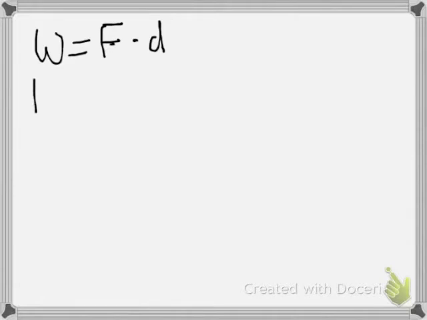Kinetic energy, KE, is equal to 1/2 mv squared. But we're not combining the work formula and the kinetic energy formula just by themselves. We're talking about change in kinetic energy.